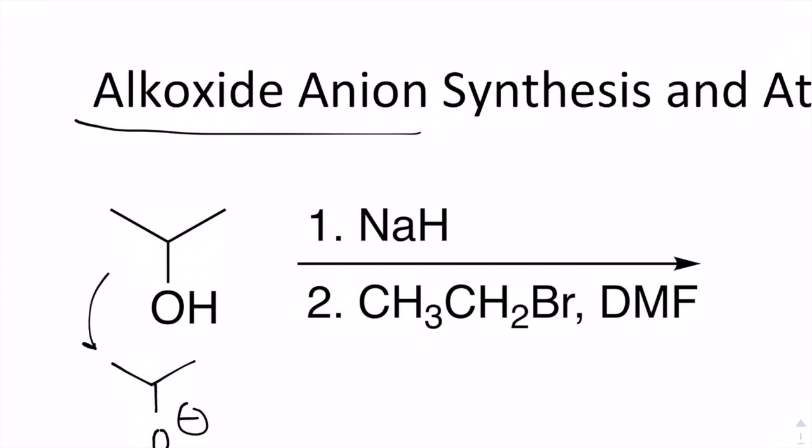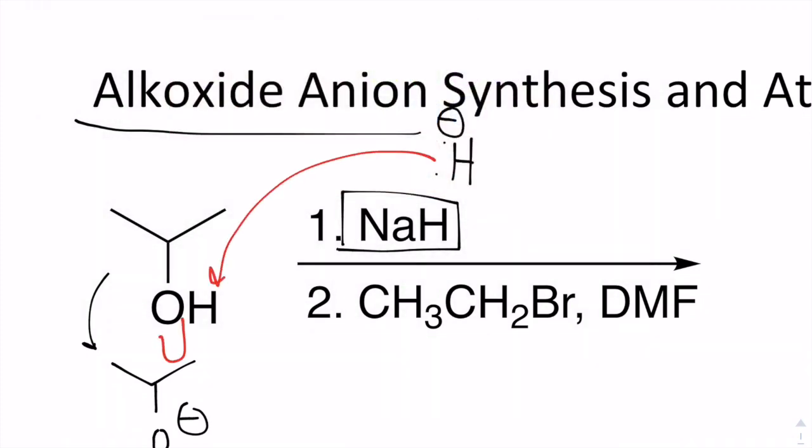The way that we do that is we can take a base like sodium hydride, which is a source of hydride anion, and that base is going to deprotonate that terminal proton attached to that oxygen and create the alkoxide anion. So you're going to generate hydrogen gas, H2, and also generate that alkoxide anion.